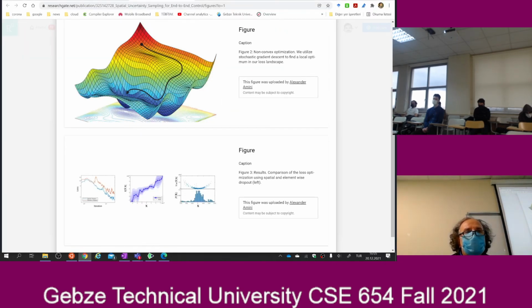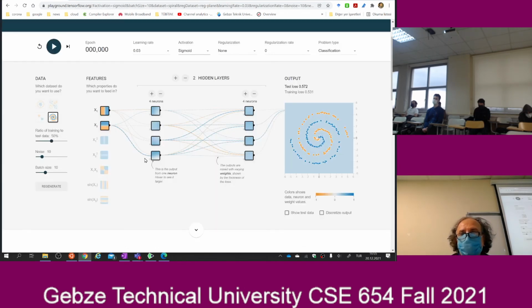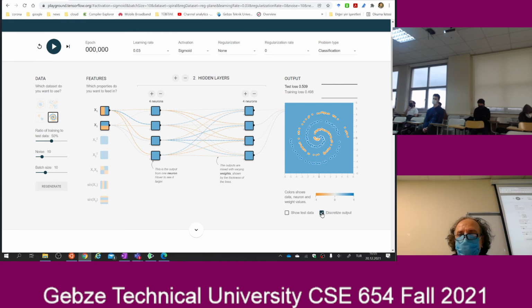Let's go back to this one. At the beginning, let me shuffle this. Yeah, I shuffled it. Discretize output. So all these weights are random numbers, including the biases, and this is what it is giving me.